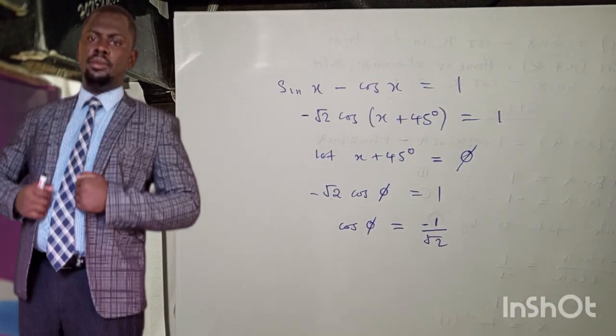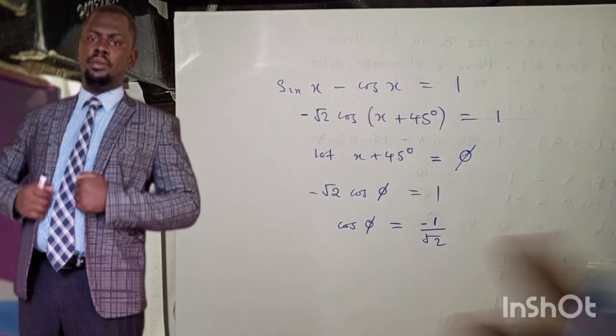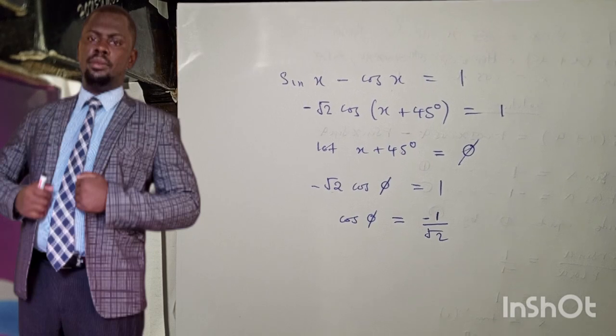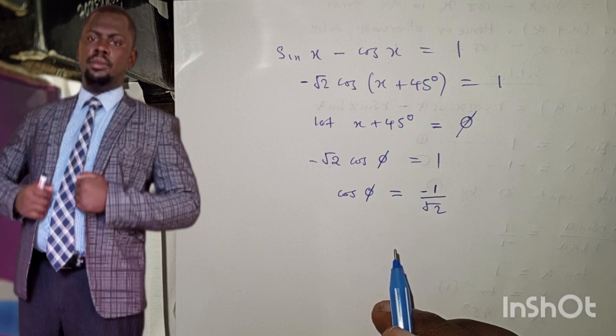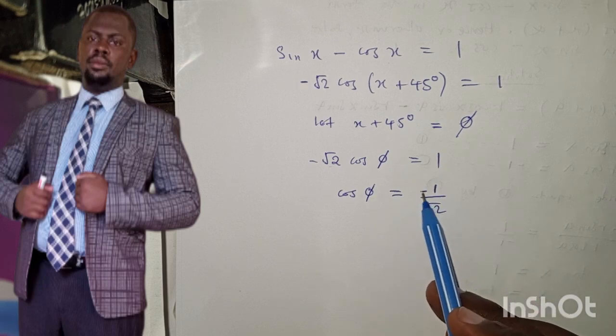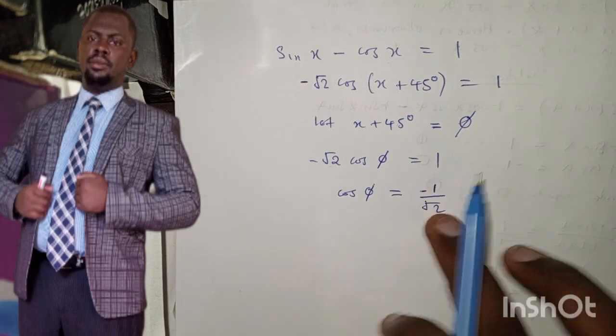Now to get the value for theta, where cos phi is negative, we can first introduce the cos inverse to both sides. Since we want the angle in the first quadrant, this minus we are not going to consider. You just take this value as a positive.